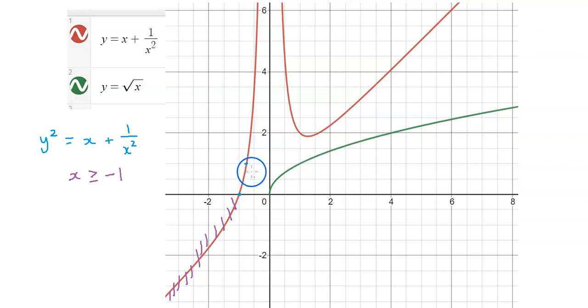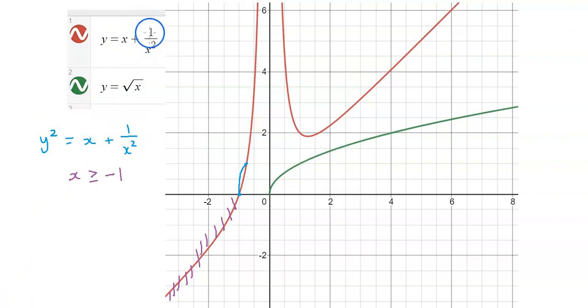And also we know that between 0 and 1, the y values in this mapping are going to be bigger than the y values in this mapping. So that gives us this kind of situation. So we should have something that looks like that for this little section here. And now for the case where the red y values are bigger than 1, that means that these blue y values are going to be smaller than the red y values.